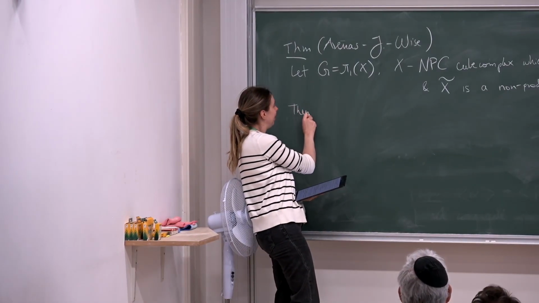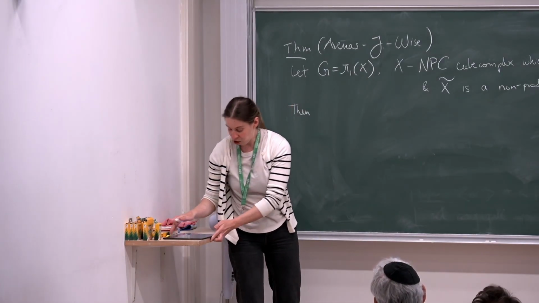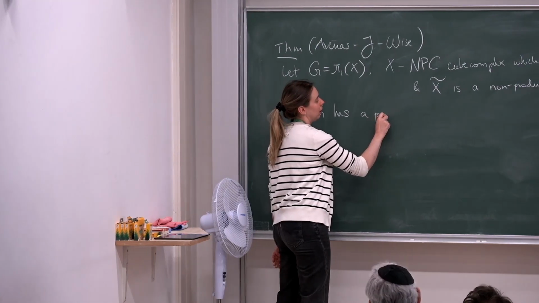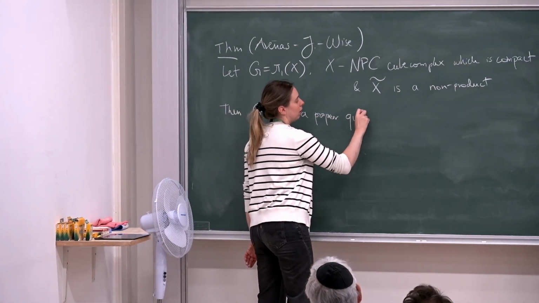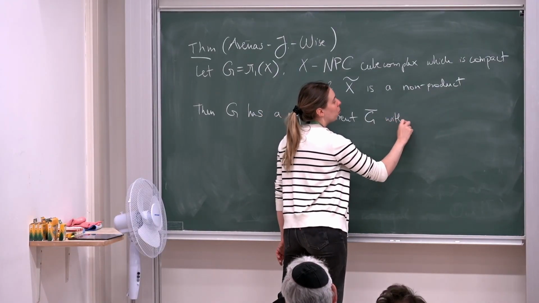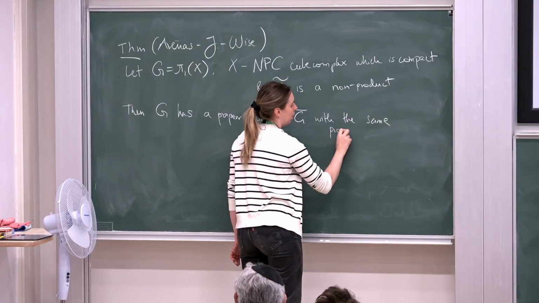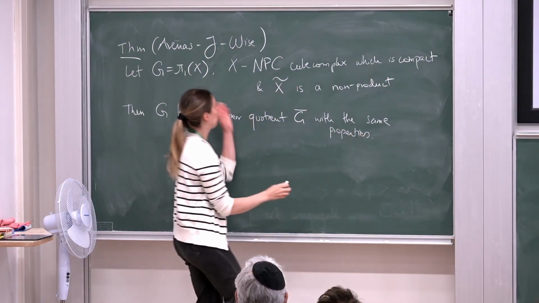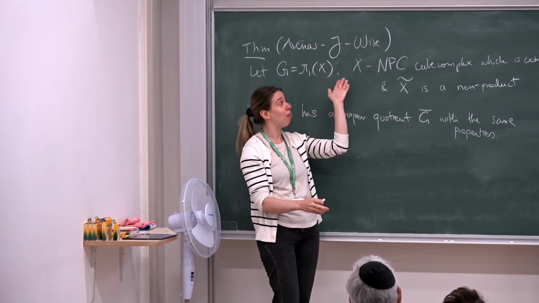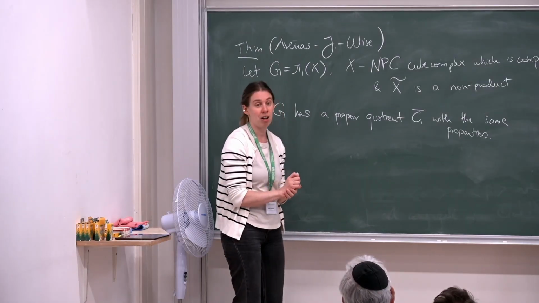And the statement is that then G is not simple, but in a stronger sense: G admits a proper quotient G bar with the same properties. And by the same properties, I just mean everything that I just assumed about G over here, so that it's the fundamental group of a compact non-positively curved cube complex whose universal cover is a non-product.